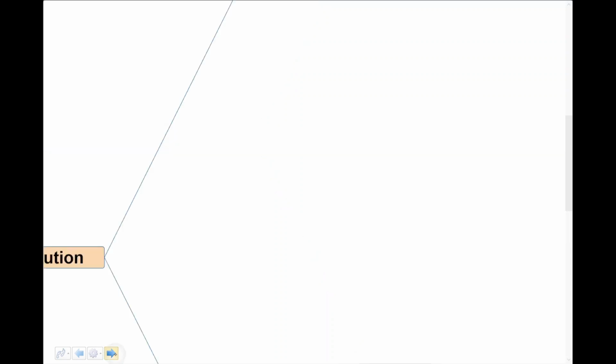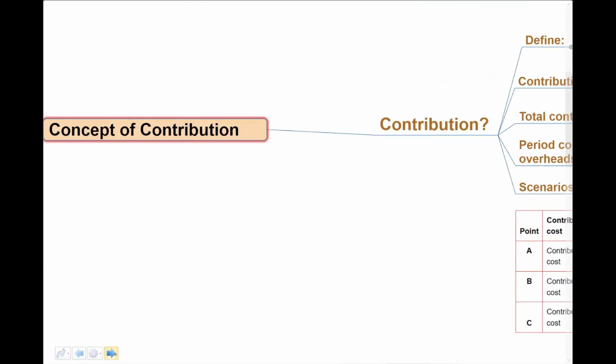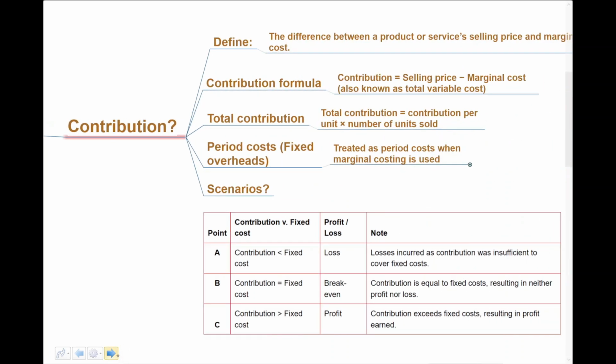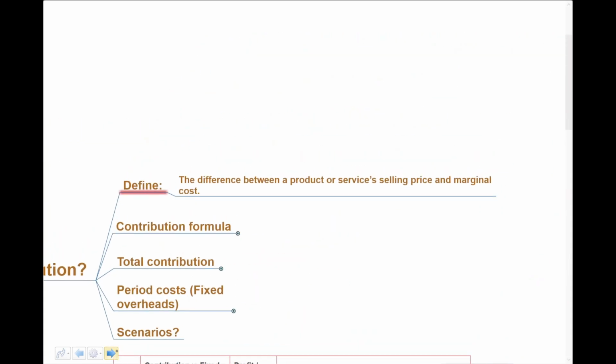Let's look at the first area first, and it pertains to this concept of contribution. Now this is important, particularly when we look at marginal costing. So what do we mean? It may be something that you've come across before. This concept, in essence, in terms of a definition, basically means the difference between the product or service selling price and the marginal cost.